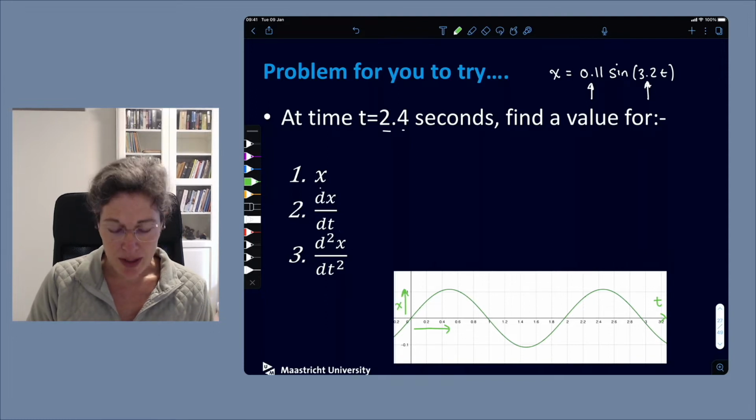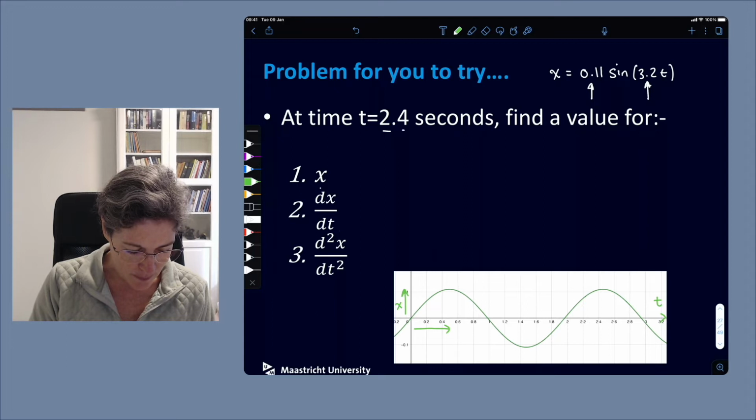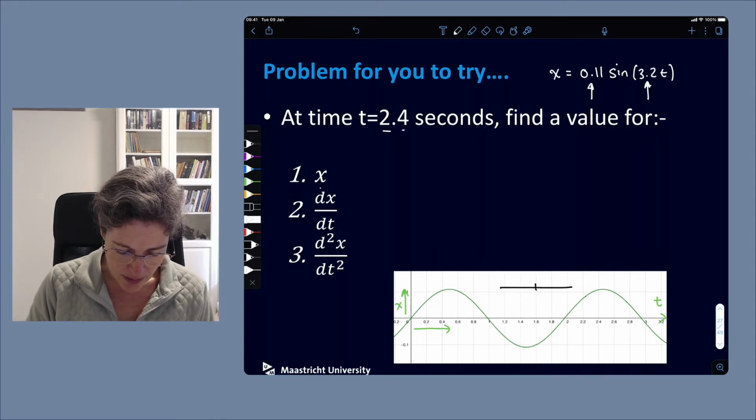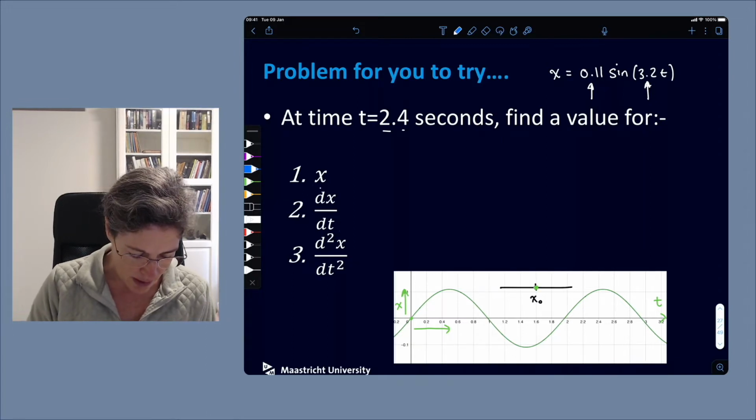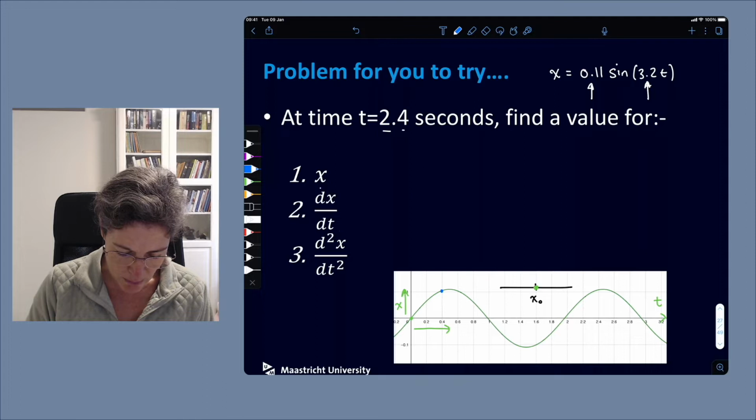So just to think about what's going on here, if I imagine here is the equilibrium position of my particle, then at time t equals 0, this graph tells me that my particle is over here. Then if I look at, for example, time t equals 0.4, my particle has moved up. It's almost as far as it can get, so it's almost here.